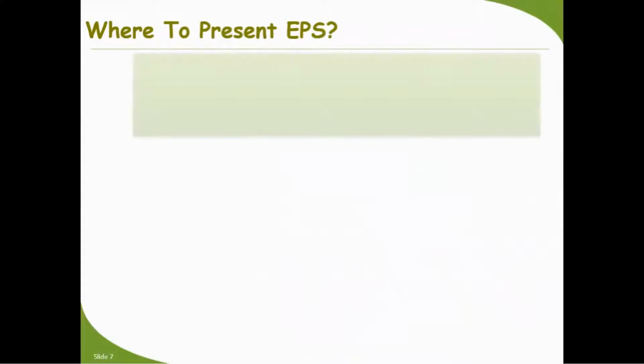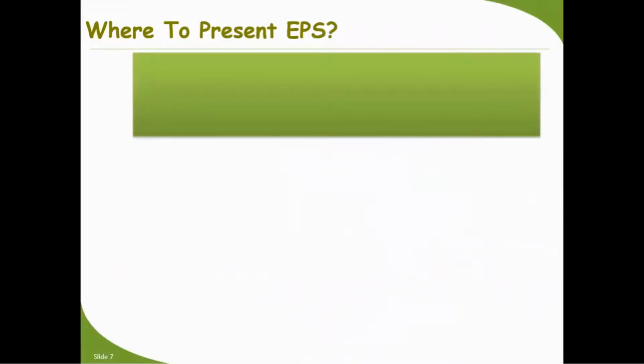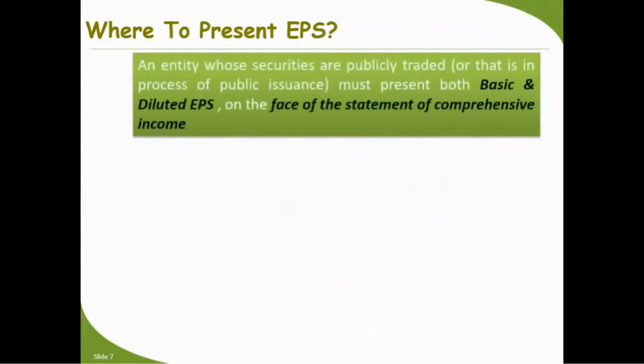Where to present EPS? What is the criteria? Entities whose securities are publicly traded, as I discussed earlier, that is a public listed company or one that is in the process of public issuance, will be a future public listed company, must present both basic and diluted EPS on the face of the statement of comprehensive income.